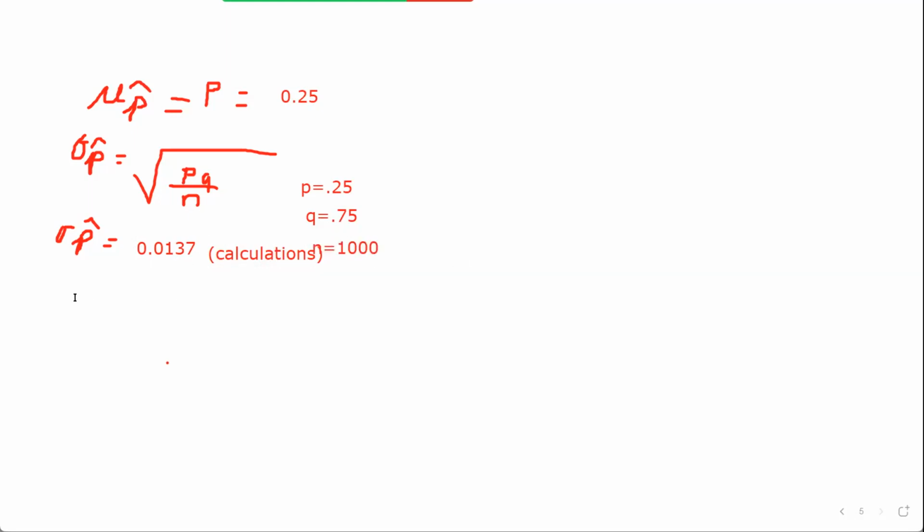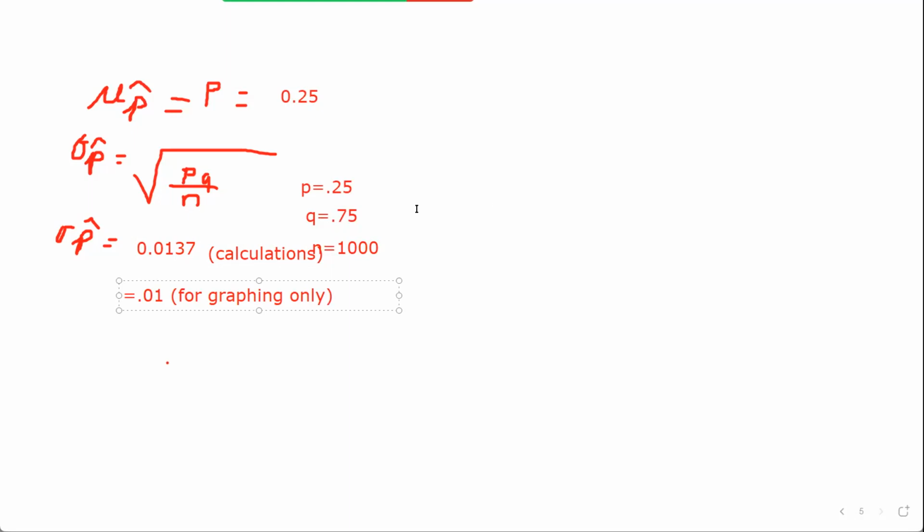And we're going to use 0.01 for graphing, okay? For graphing only, because nobody wants to sit there and try to find 0.0137 versus 0.01. We have better things to do with our life and our time.